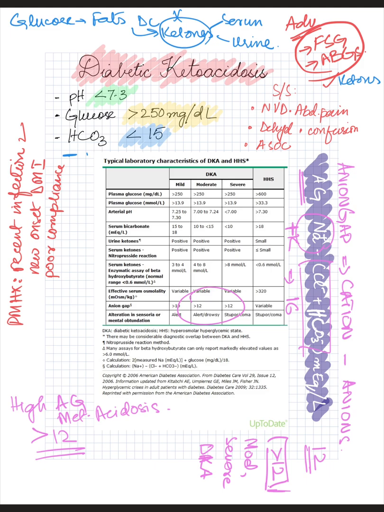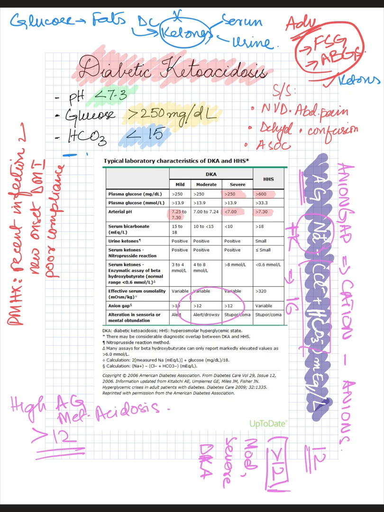It is important to distinguish DKA from HHS. As you can see, HHS has a blood sugar of greater than 600, and DKA, even if it is severe, the lower limit of blood sugar is 250. Moreover, the pH in HHS is greater than 7.3 and less than 7.5, while it is less than 7.3 in DKA, and it can even be less than 7 in case of severe DKA.